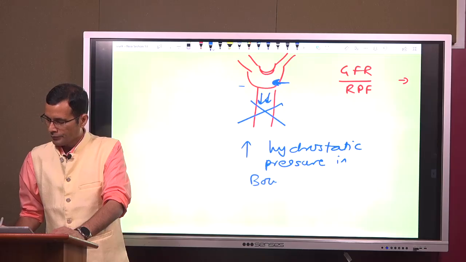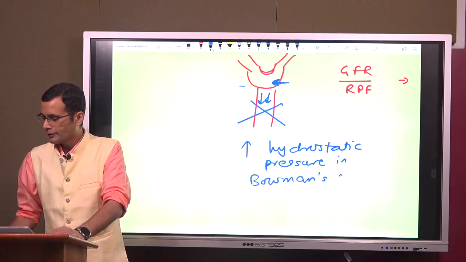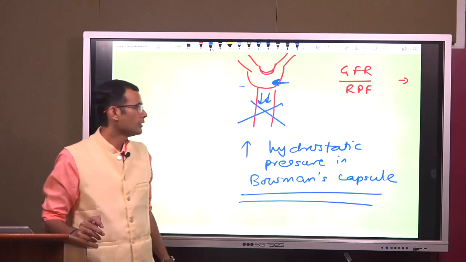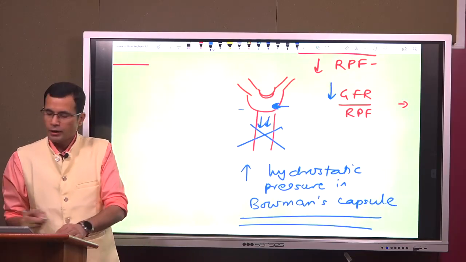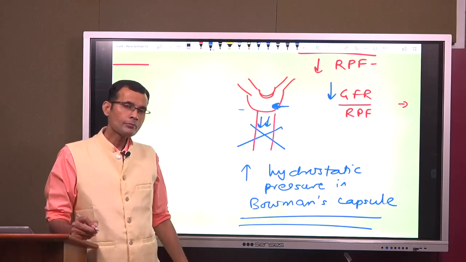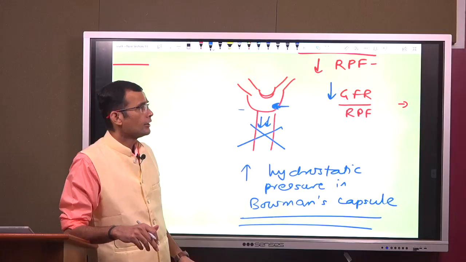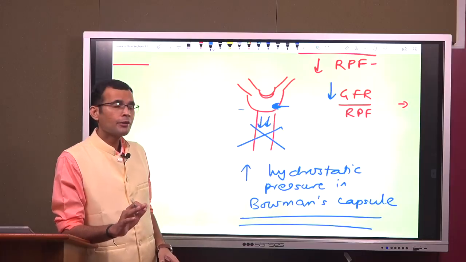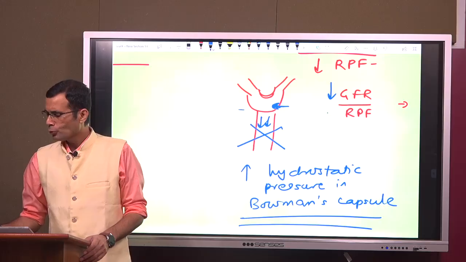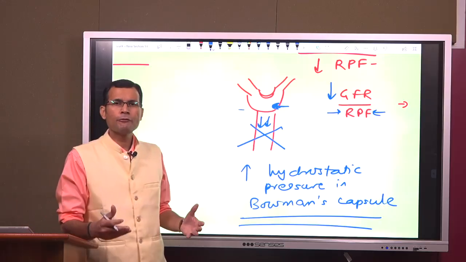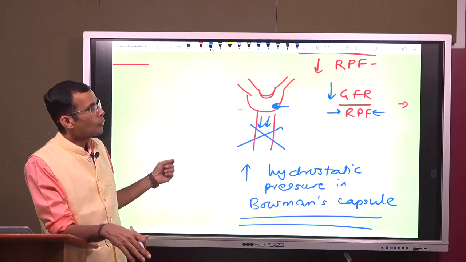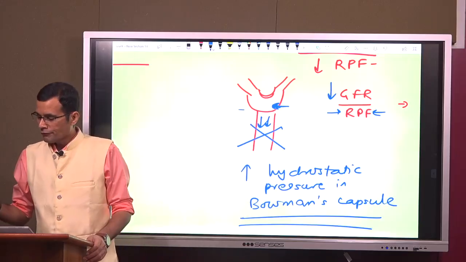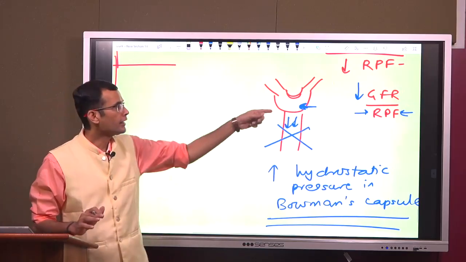And needless to say, here is a force that opposes the filtration. Therefore, GFR will decrease. So remember, in nephrolithiasis, glomerular filtration rate will decrease. Renal plasma flow and renal blood flow is unaffected by nephrolithiasis, and therefore filtration fraction would decrease.